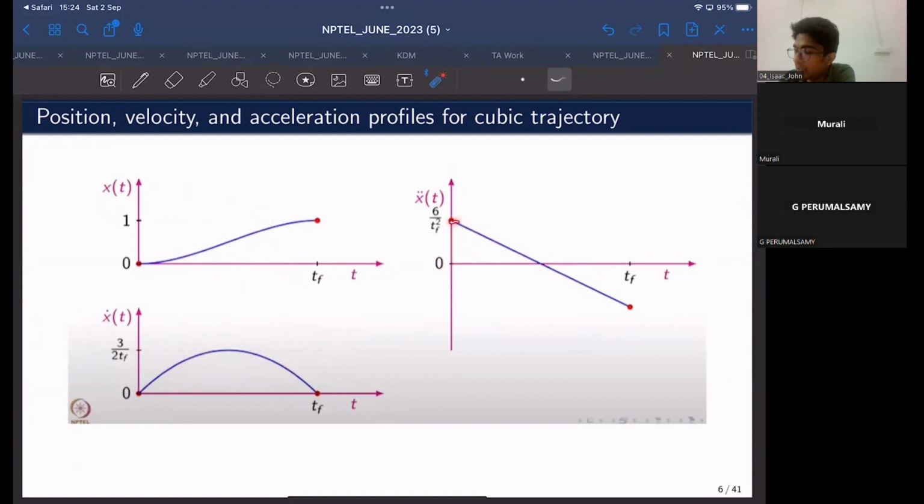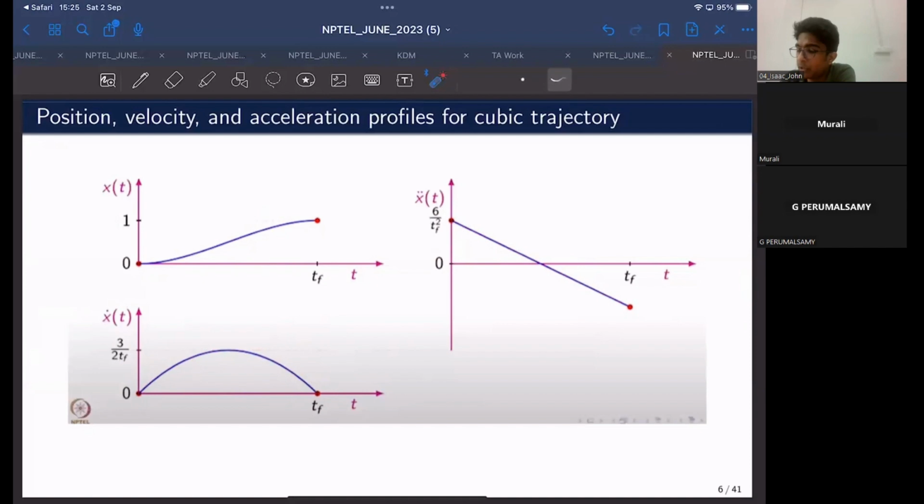And as you can see, it is a constantly decreasing function from initial position all the way to the final position, right? Because the slope of the velocity is constantly decreasing with respect to time. So in that regard, we have a constantly decreasing acceleration profile.